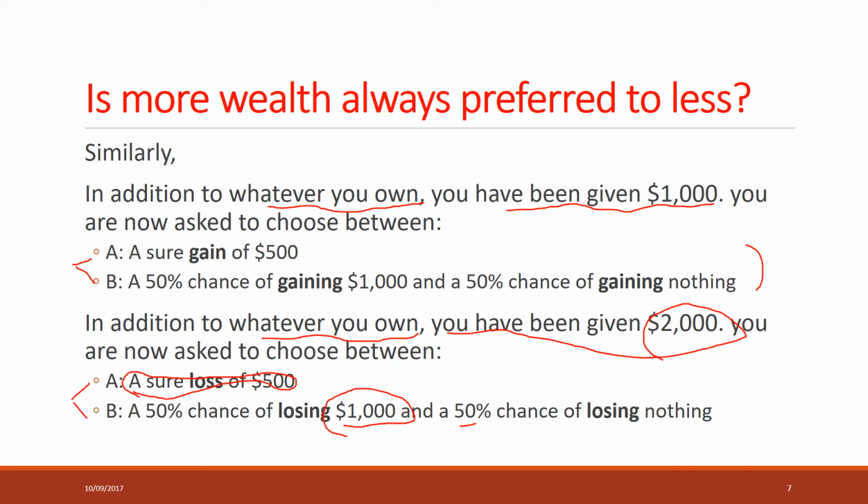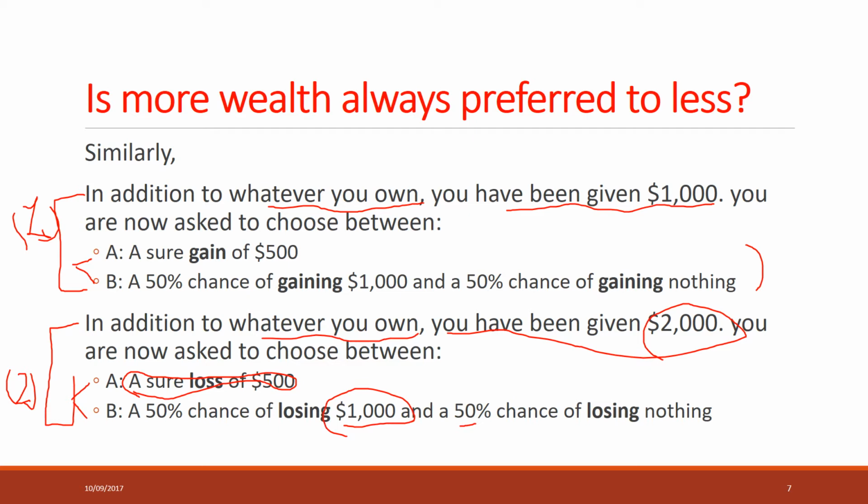Yeah. So if you compare the expected outcome of option 1 and option 2, you will see that the expected outcome for both these options is 1,500. Yeah. So both options would give the investor the same value, which is 1,500.